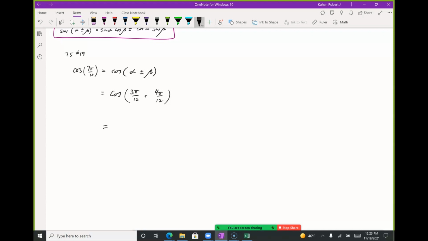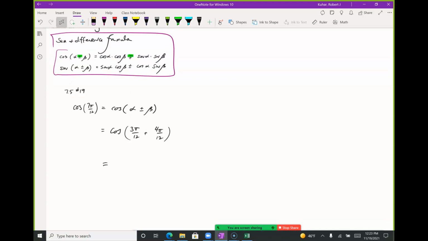Yes, Rosemary. So now I'm going to use my formula. I'm going to use the positive on the left and the negative on the right. You notice they're at the same level, so I did that on purpose. I can simplify this first: this is cos of pi over 4 plus pi over 3.